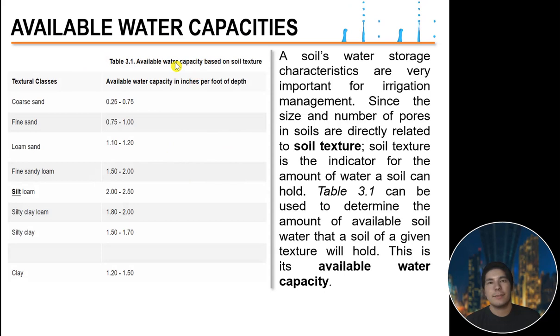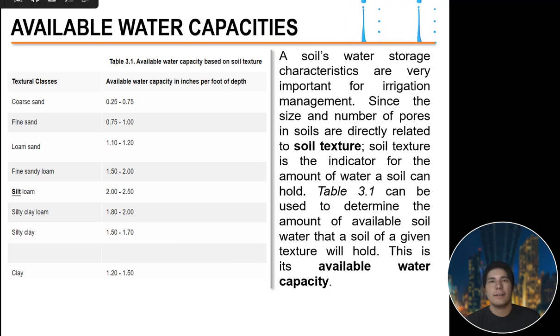Okay, so ito yung mga available water capacity based on soil texture in inches per foot of depth. So again, we have these textural classes: coarse sand, fine sand, loamy sand, sandy loam, silt loam, silty clay loam, silty clay, and clay.